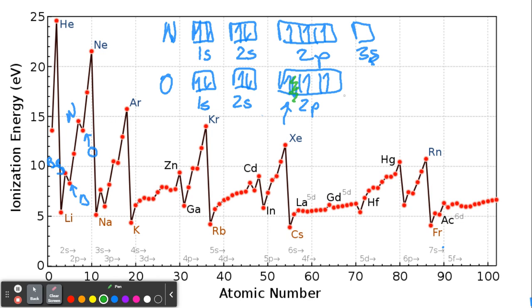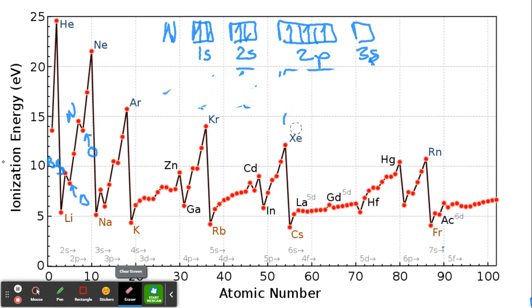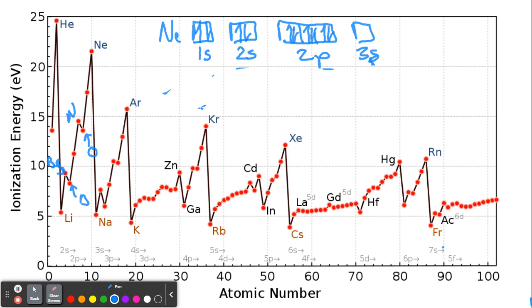And then lastly, let's just jump all the way to neon. If I have neon, well, then neon has a full 1s, a full 2s, and 6 electrons in 2p.